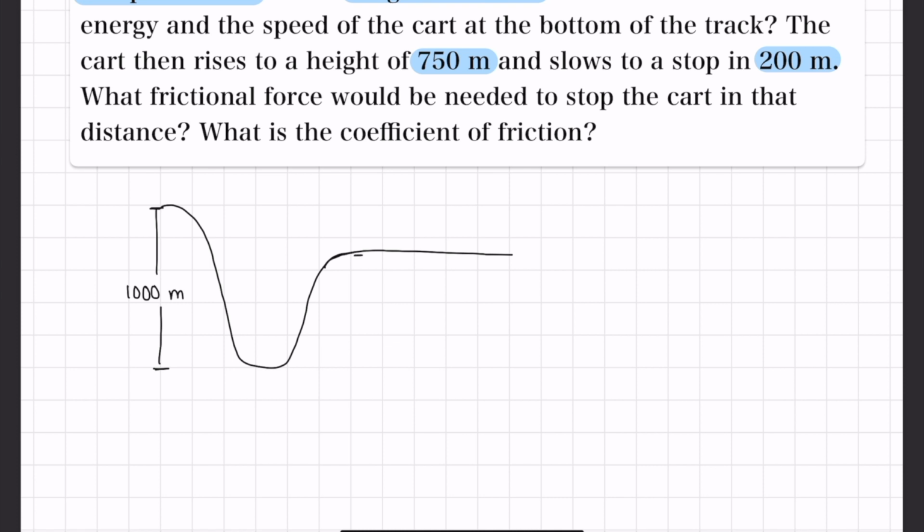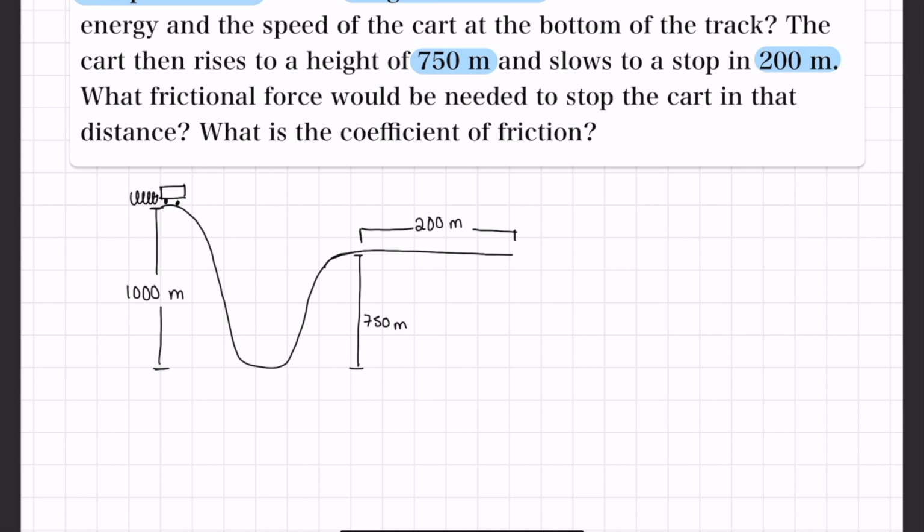This distance here, right before it comes flat, is going to be our 750 meters. And then if we say it starts to go flat and we're done going any further vertically, then this distance is going to be our 200 meters. And we've got a spring at the top that's going to launch our cart down.